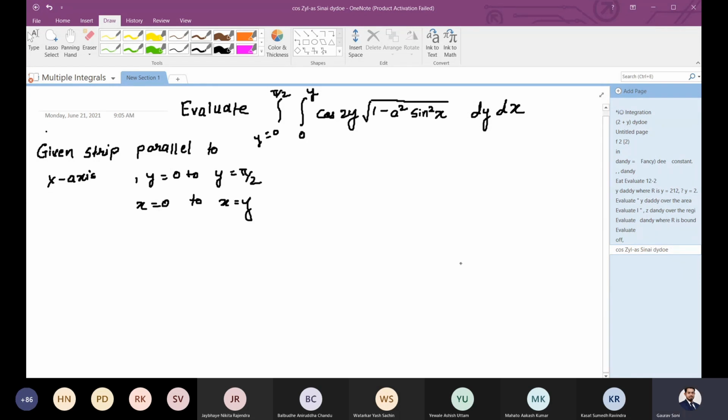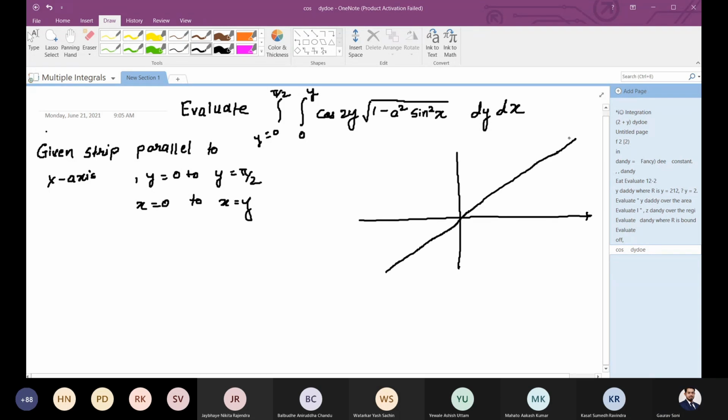Let's draw the diagram for the same. X equal to y, a straight line passing through the origin. X is running from 0. If you look at values of y equal to 0 to y equal to pi by 2, y equal to pi by 2 is going to be this.